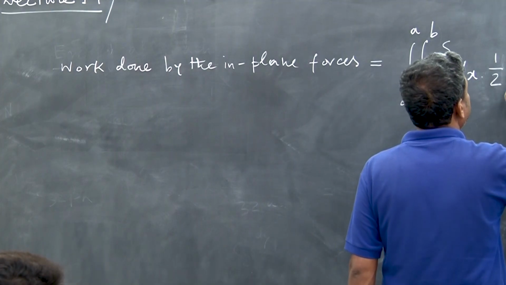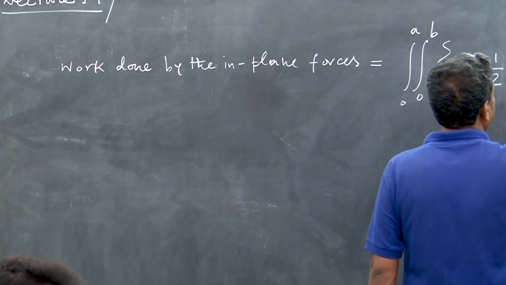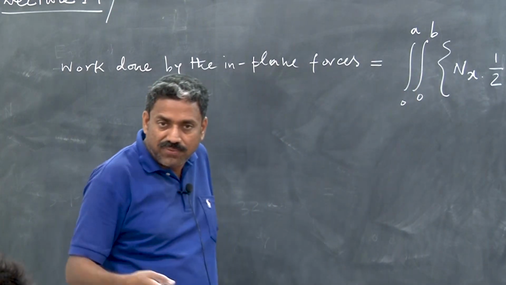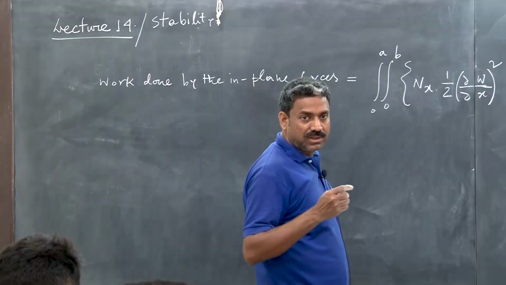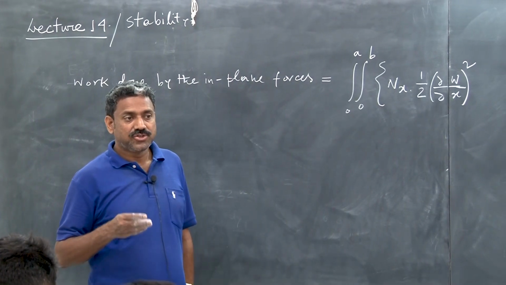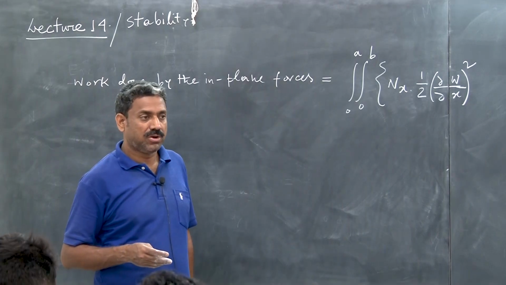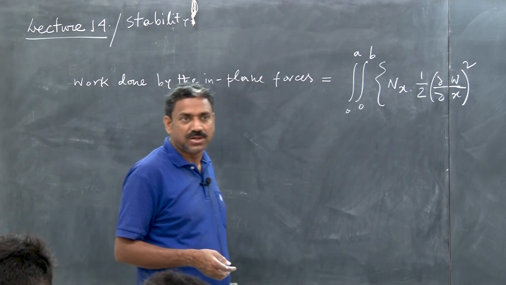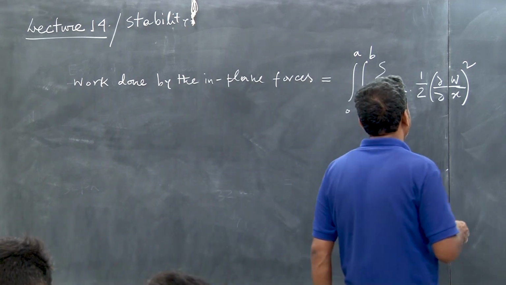Of course, when you are integrating, you will get the axial deformation. Please note that the in-plane strain is because of the out of plane deformation only, right? We are not considering any in-plane deformation, no u, no v, only w.